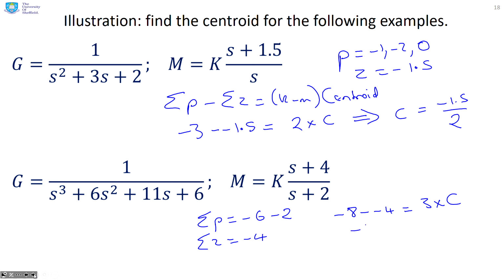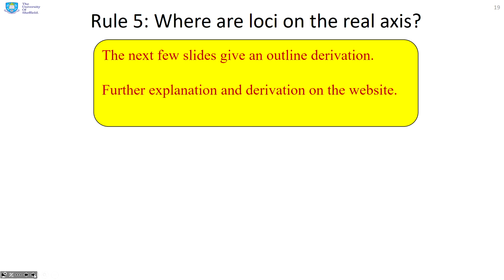And therefore, -4/3 is the centroid. And hopefully you're happy. Yes, that rule is probably the hardest rule in terms of computation, but it's still fairly quick. So the next few slides are going to look at rule 5. Where are loci on the real axis?